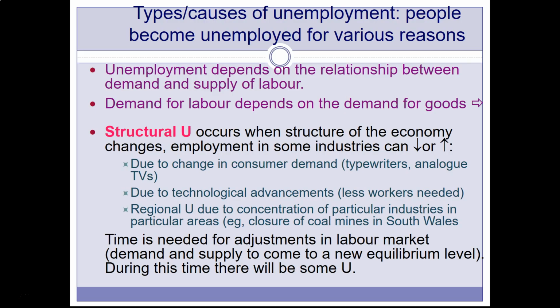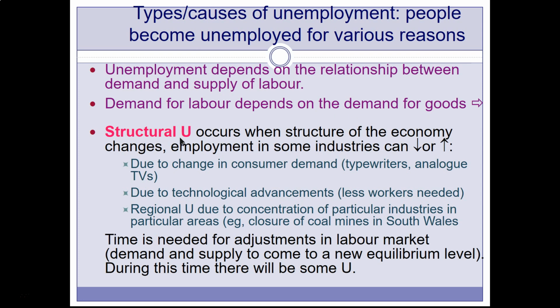So unemployment rate in the society will be lower. There will be high demand for workers and low unemployment. So unemployment depends on the demand for labor, and demand for labor depends on the demand for goods. And that is why when demand for goods changes, it can cause unemployment in different markets.